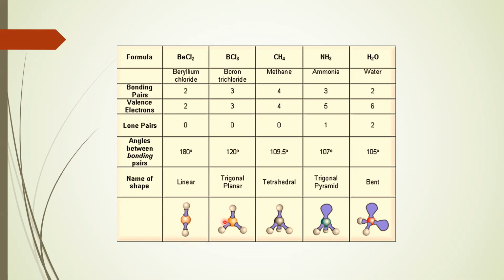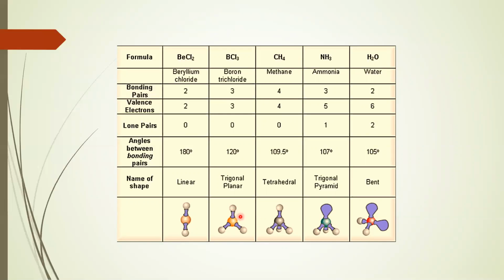Similarly, when we are talking about BCl3, boron has atomic number 5, so its electron configuration is 2, 3. Here as well there are 3 valence electrons and all these 3 electrons are participating in bond formation. So again we don't have any lone pair of electrons and it forms a trigonal planar shape. The bond angle between the bonding pairs is 120 degrees.